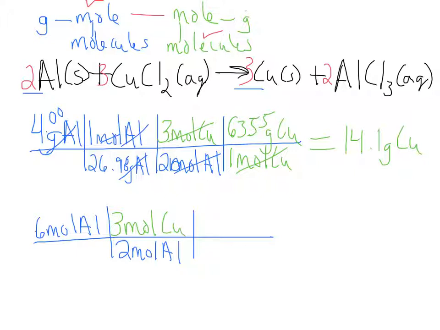And then next, we're going to go from moles of copper to molecules. So 1 mole of copper is 6.02 times 10 to the 23rd molecules.